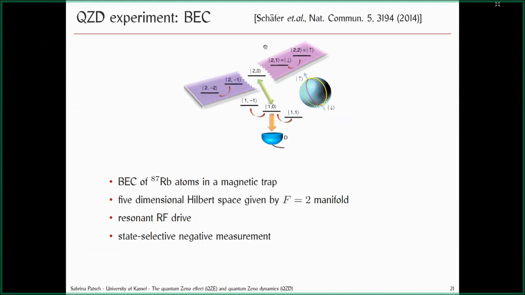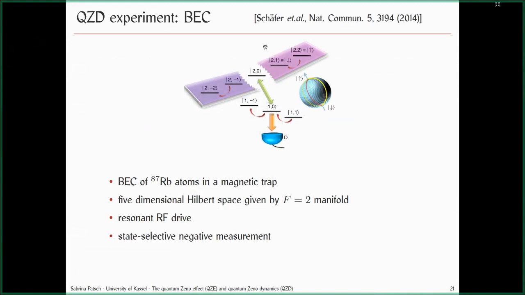But now we want to induce the quantum Zeno dynamics. We couple now the state in the middle, the 2,0, to another hyperfine manifold, so the F=1 manifold. And here we see again 3 states from MF equal -1 to MF equal +1. And we specifically couple the 2 states 2,0 and 1,0. And you see, because the energy levels are a bit different, we can selectively address this one transition.